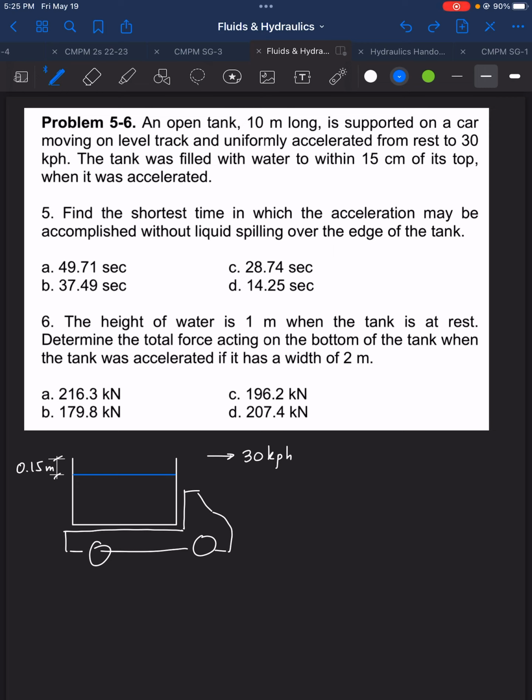So what will happen here without spillage? Let's put here a symmetry line. So here is the symmetry line, and the water will tend to go to the edge of the tank and goes like that.